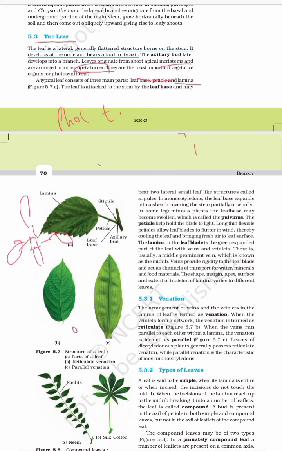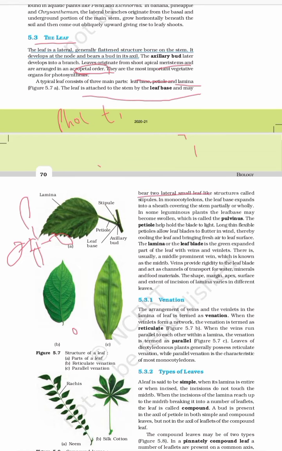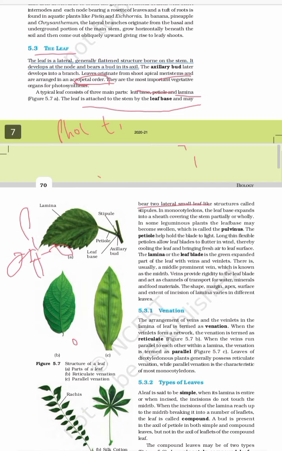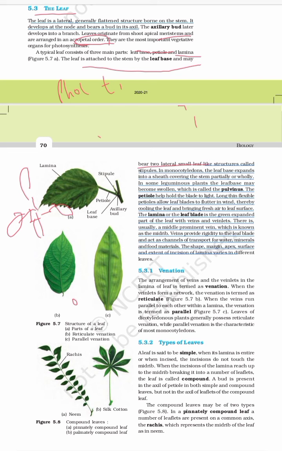The leaf is attached to the stem by the leaf base, and it bears lateral small leaf-like structures called stipules.